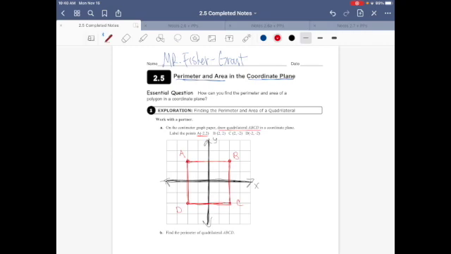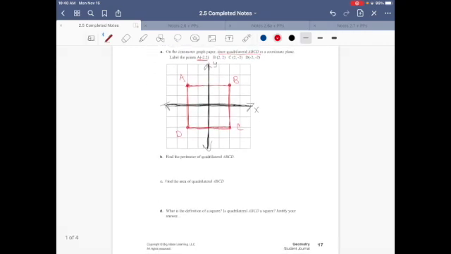And then let's scroll down here, and it says, what is the perimeter of that quadrilateral? So perimeter, remember, we're going to add up all the sides. So the perimeter would be 4 plus 4 plus 4 plus 4, counting 1, 2, 3, 4 on each side.